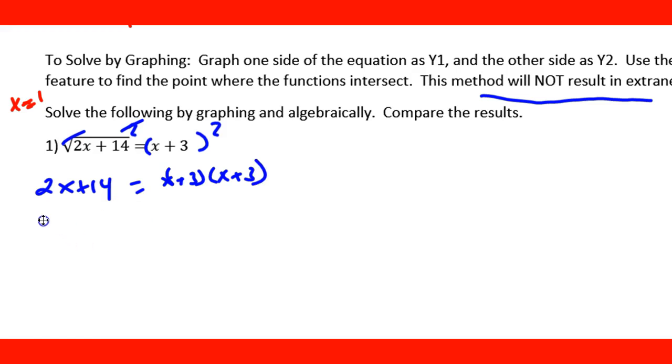So now 2x plus 14 equals, you have to FOIL right here. So you have x squared plus 3 plus 3 is 6x, and 3 times 3 is 9. Now I'm going to subtract 2x over here. So minus 2x.